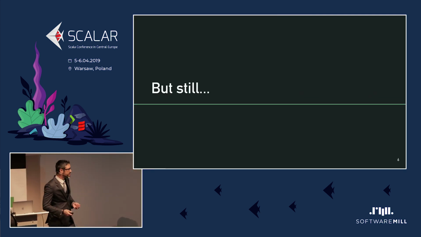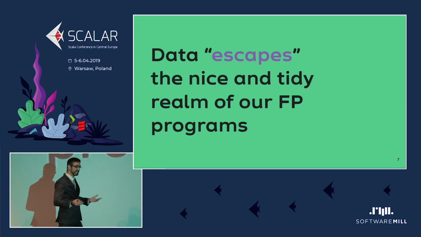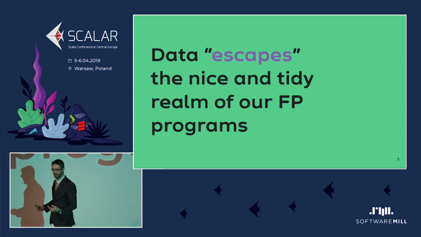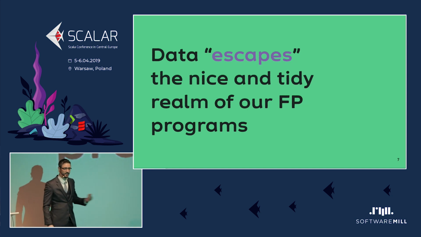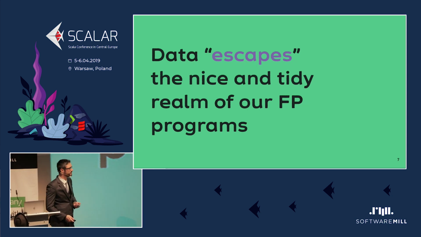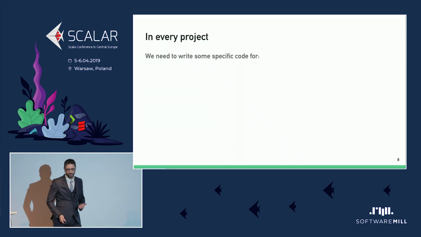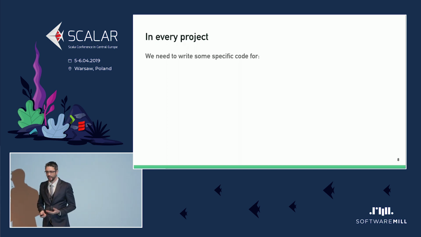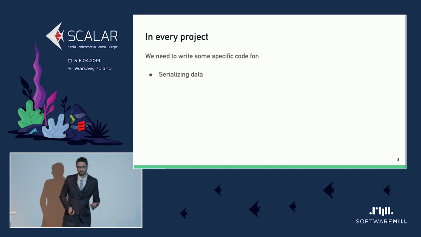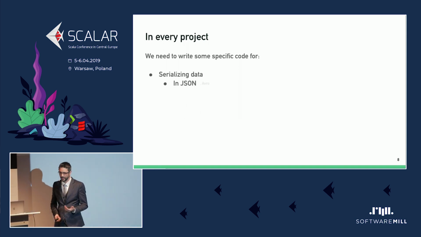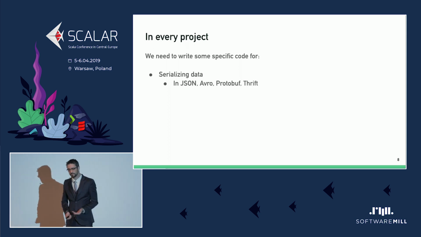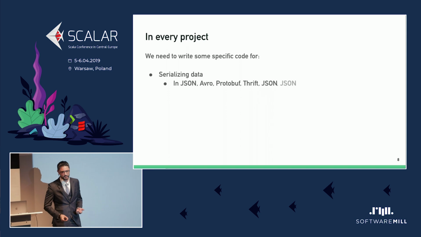But the problem is, we still need to make our boxes communicate with the external world, meaning that data needs to get in and out of the box. And that's a problem. Because in every project, we still need to write some code to serialize data, for example, in JSON, or maybe Avro, or Protocol Buffers, or Thrift, or probably 3 other flavors of JSON.